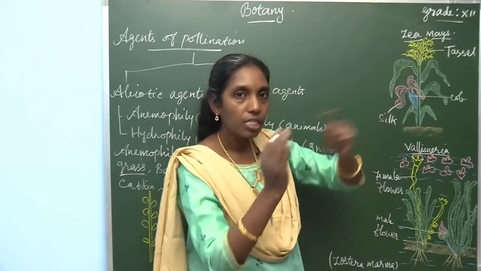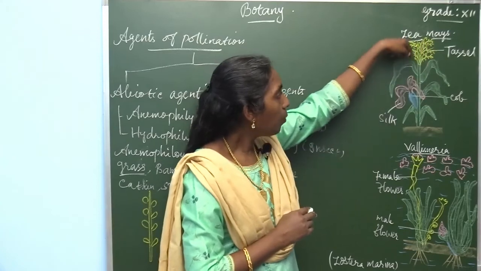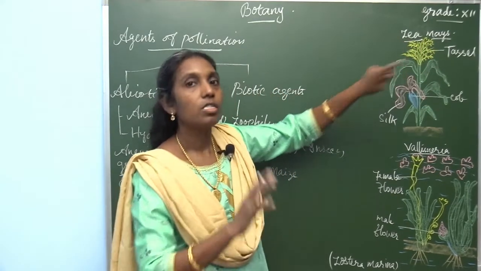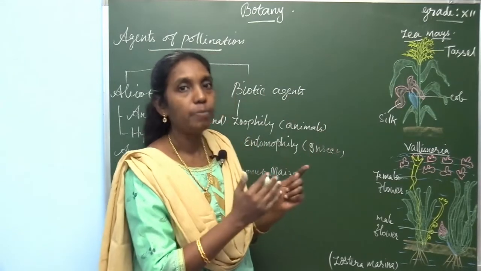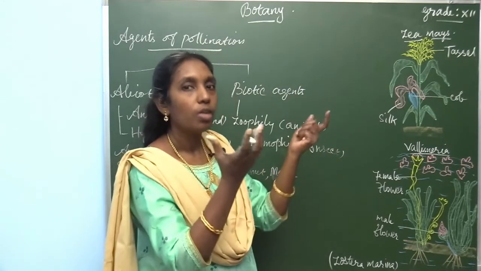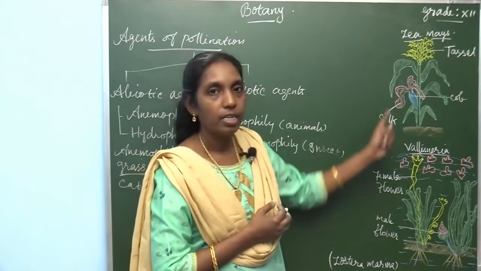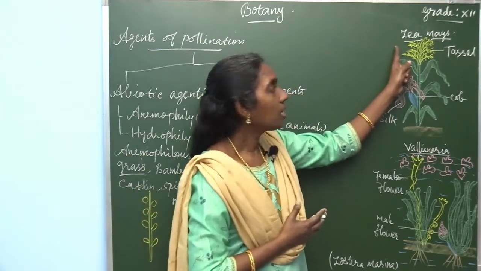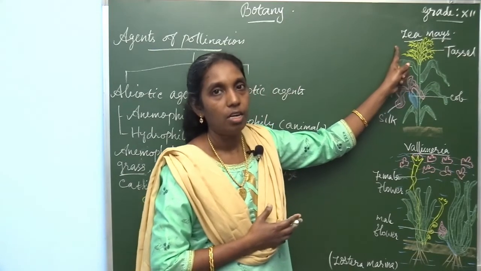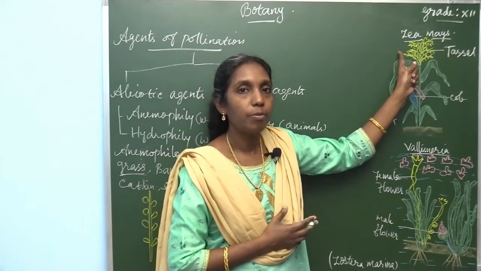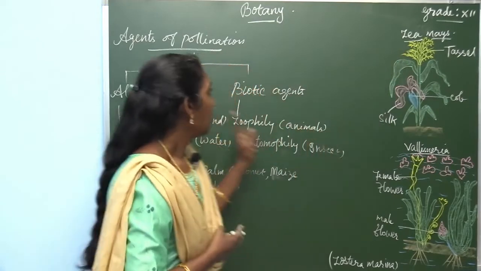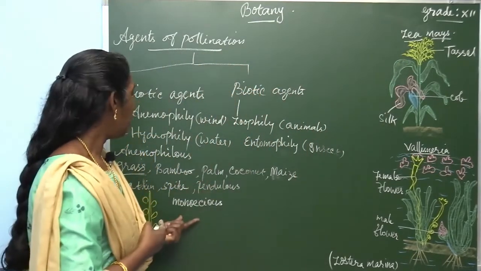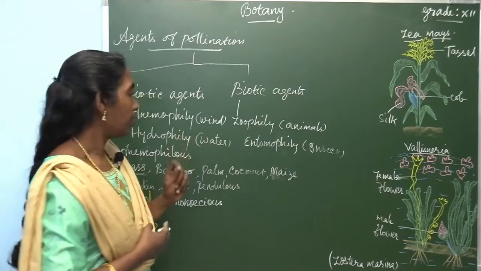So when the wind shakes the tassel, the pollen grains are dusted on the stigmatic surface. The stigmatic regions are adapted in such a way to catch the pollen grains easily. This is the adaptation observed in maize. So maize is one of the examples which shows anemophilous adaptation.